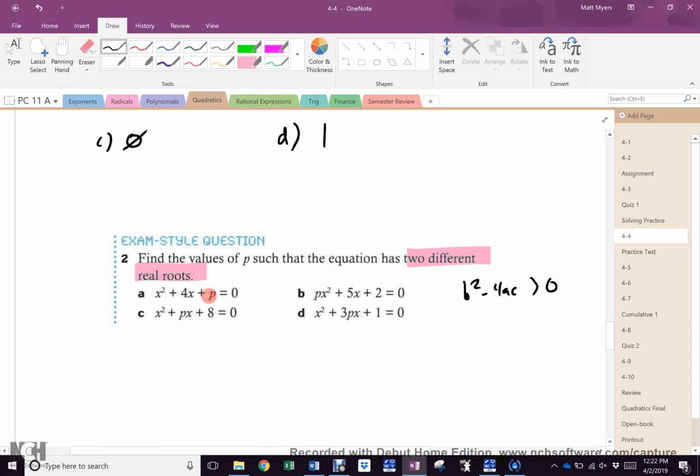So over here, 4 squared plus 4 times 1 times P has to be greater than 0. 16 plus 4P has to be greater than 0. 4P has to be greater than negative 16. P has to be greater than negative 4. Everybody good?